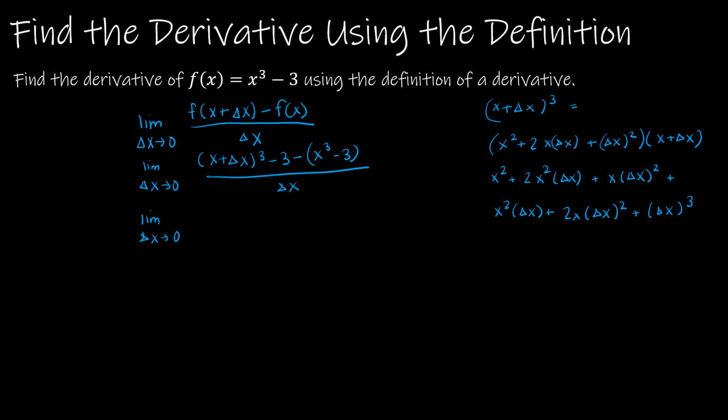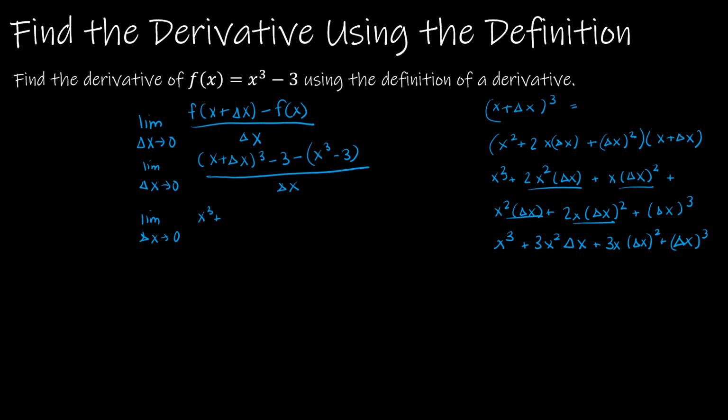Anything I can reduce out of here, I've got 2x squared delta x and an x squared delta x. Oh, this should be x cubed. So that gives me x cubed, and then plus 3x squared delta x. And these two would add together, so plus 3x delta x squared plus delta x cubed. So that's all of this.